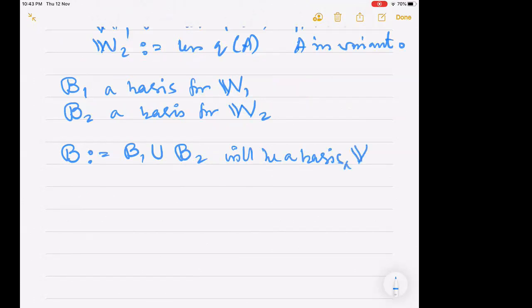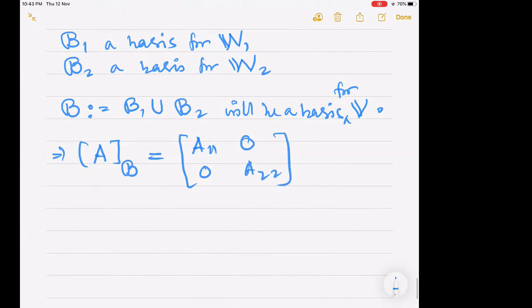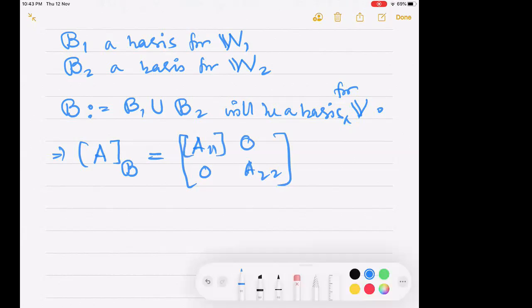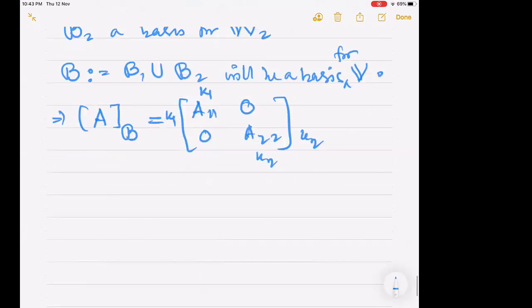Because they're A invariant, under this basis the representation of the operator A is going to be block diagonal: A11, 0, 0, A22. What will be the sizes? Let me not use this symbol because it has a different meaning. Let's say K1 by K1 and K2 by K2. What do we know about K1 and K2?